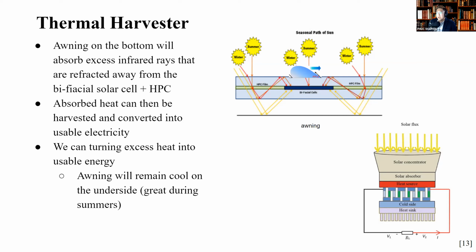So I think part of what we were thinking for a benefit for the customer is, although the cost might be a little higher and you might get a little more wattage out of your system, one thing we could highlight is that with these thermal harvesters, there is a cool plate side, and that cool plate side would be facing down towards anyone under the awning.